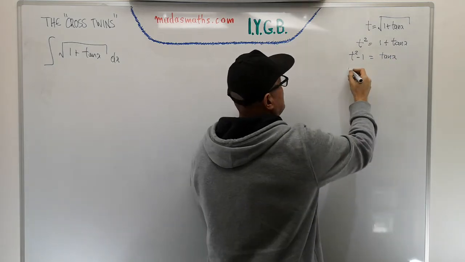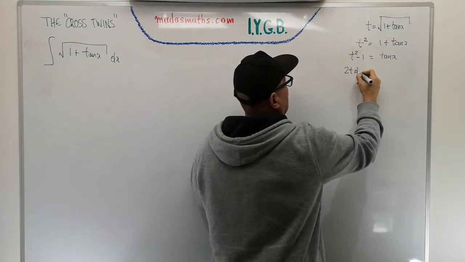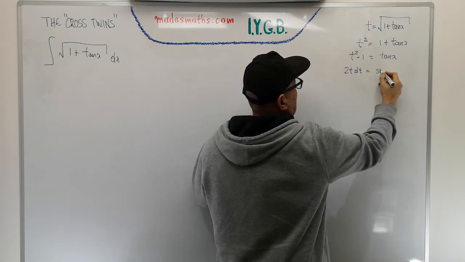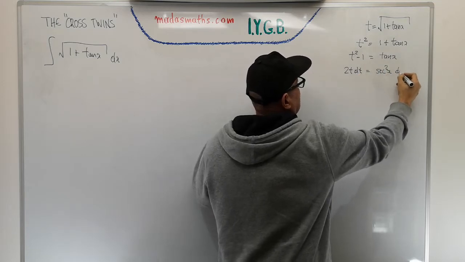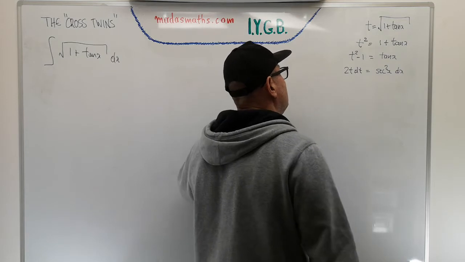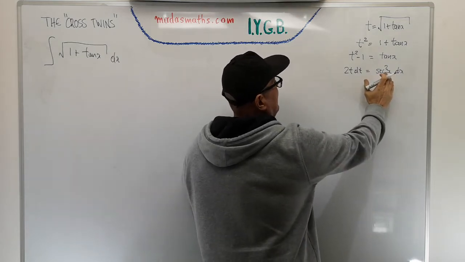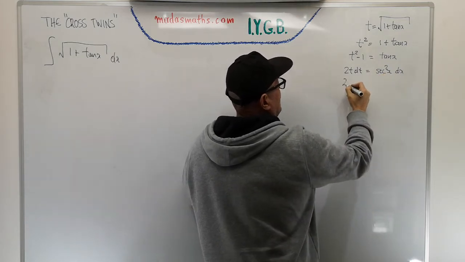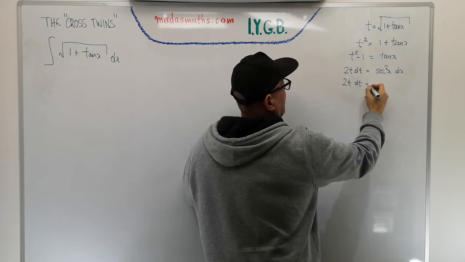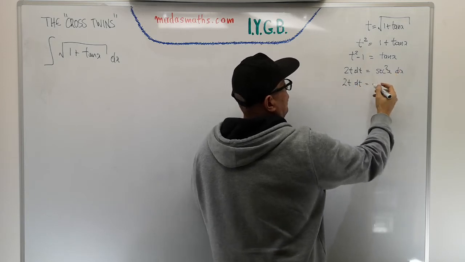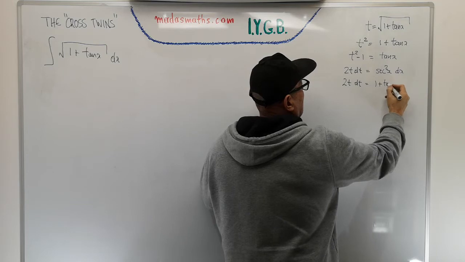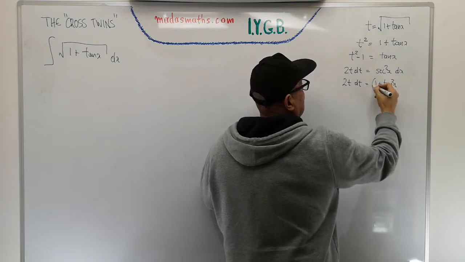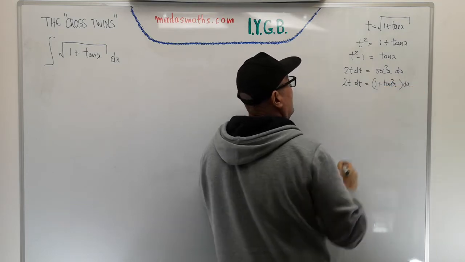Now we're going to differentiate it. So we're going to have 2t dt is equal to sec squared x dx. And I'm going to get something sensible. I just want to get rid of this sec. So I'm going to write it as 2t dt, sec squared being of course 1 plus tan squared x, identity, dx.